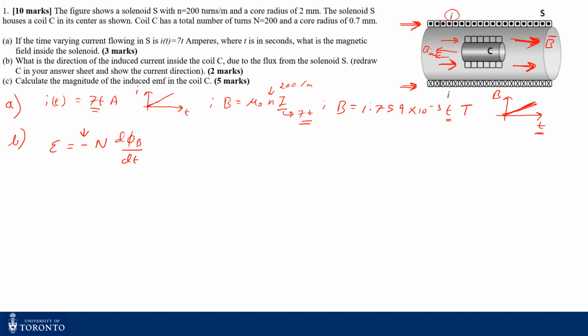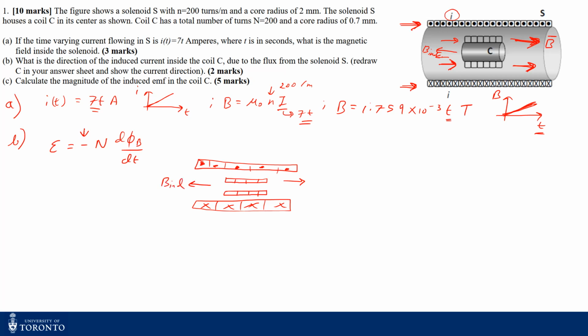So what will be the current direction? Let's see. This is my solenoid, and the direction of the current is given like that. For this direction of the current of the solenoid, my magnetic field is generated in the right hand direction. But for the coil, the current would flow such that it generates an opposite magnetic field.